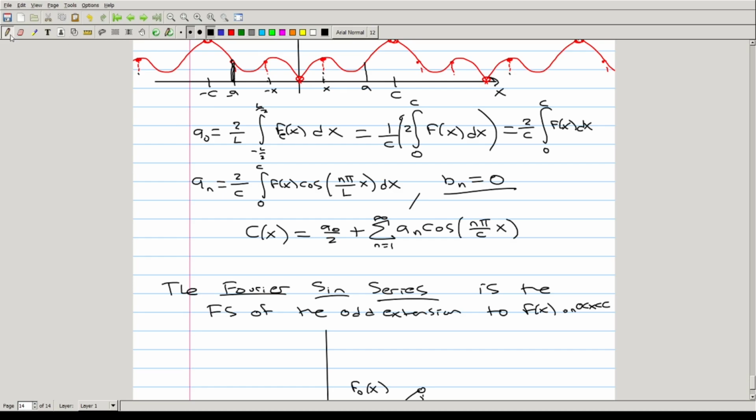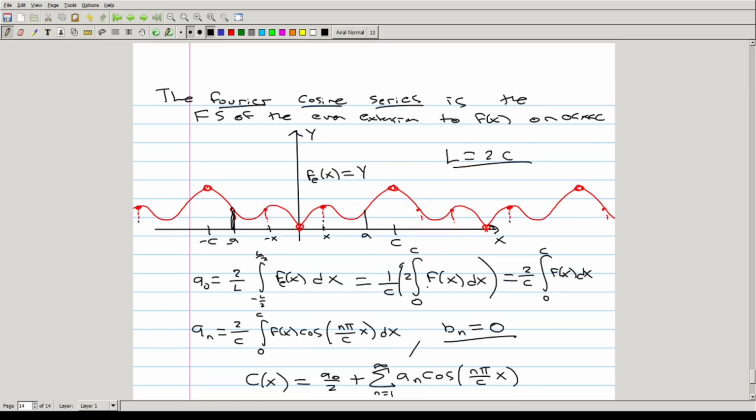Well, this should not be L, this should be c right here. Because if L is 2 times c, then 2 over L is 1 over c, and 2n pi over L is equal to n pi over c.